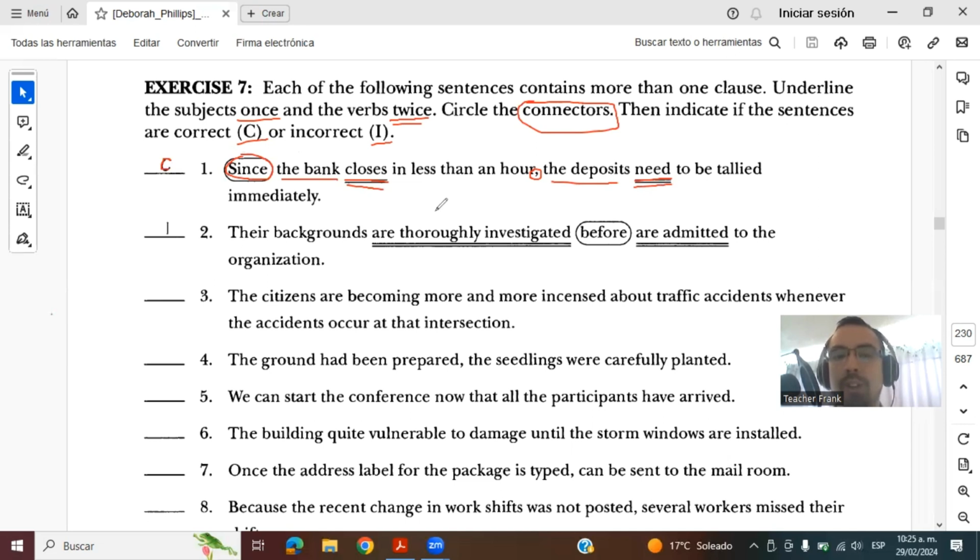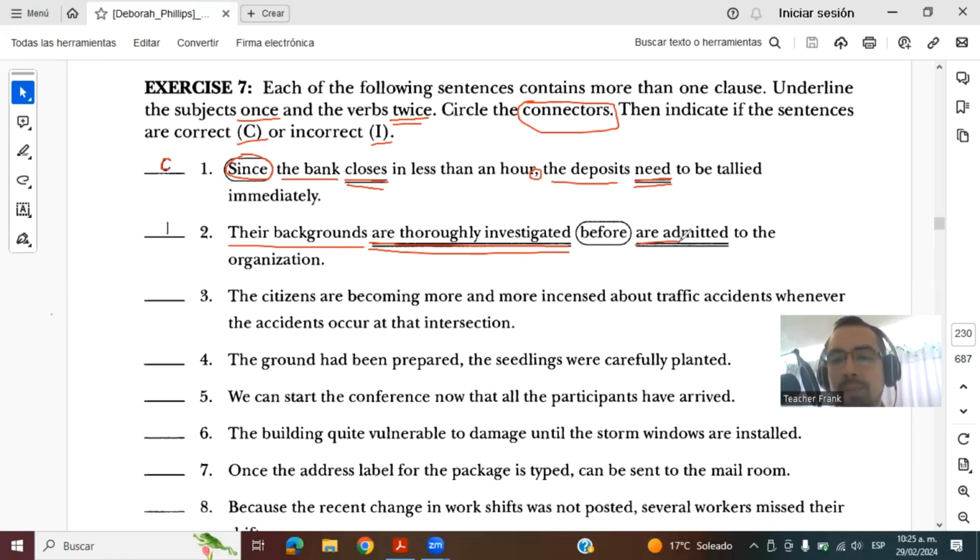Now let's look at number 2. Their backgrounds are thoroughly investigated before are admitted to the organization. Okay, we already know something sounds wrong in that one. So are thoroughly investigated, or are, is the verb structure. Who or what are thoroughly investigated? Their backgrounds, right? This is a passive voice, right? Are thoroughly investigated by the people.